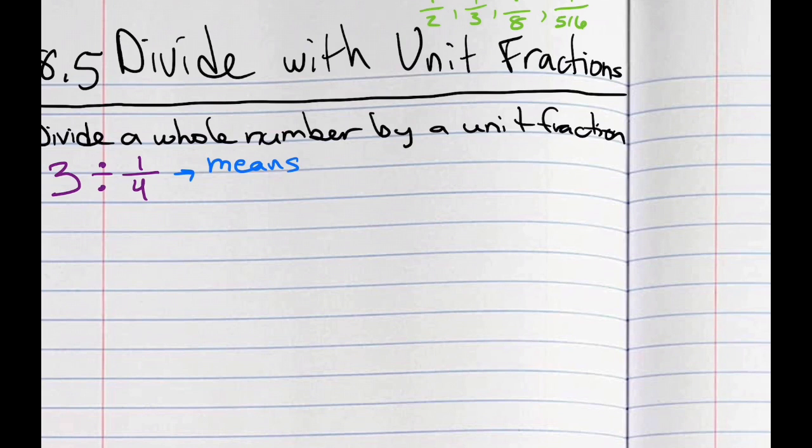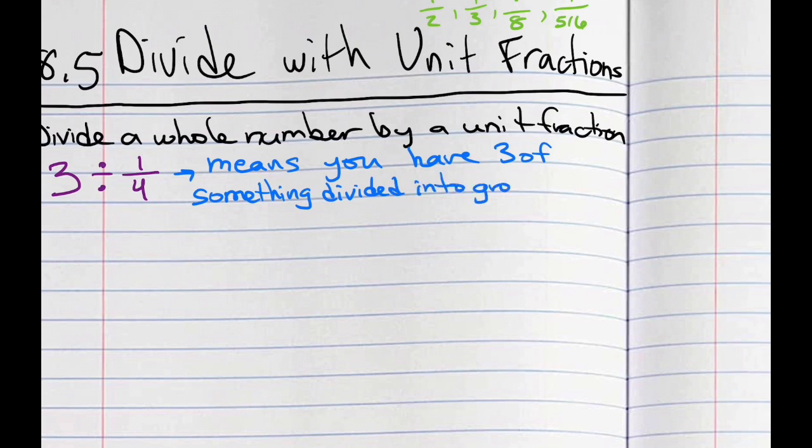It really means that we have 3 of something, and we're breaking it up into groups of 1/4. So we're dividing it by groups of 1/4.